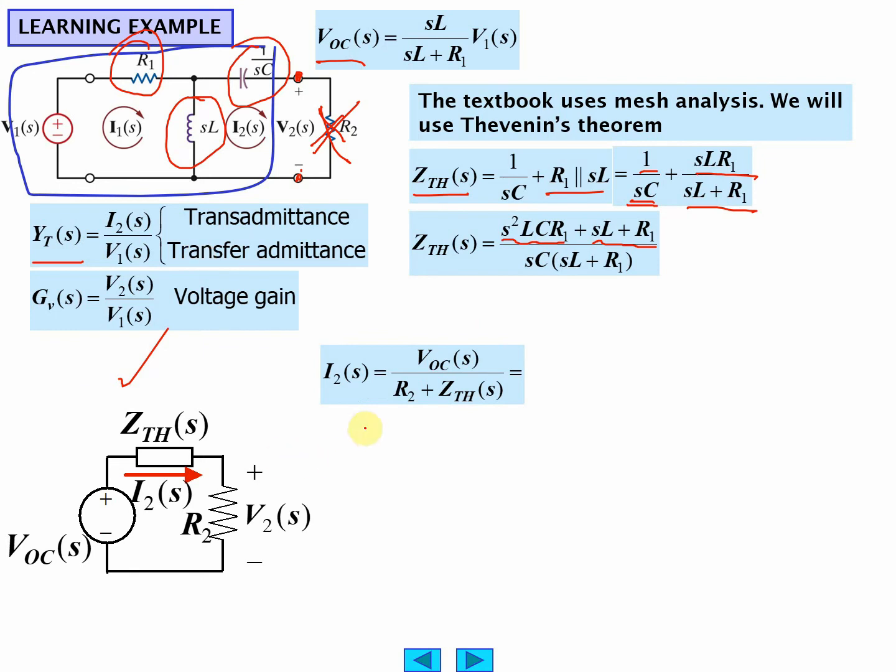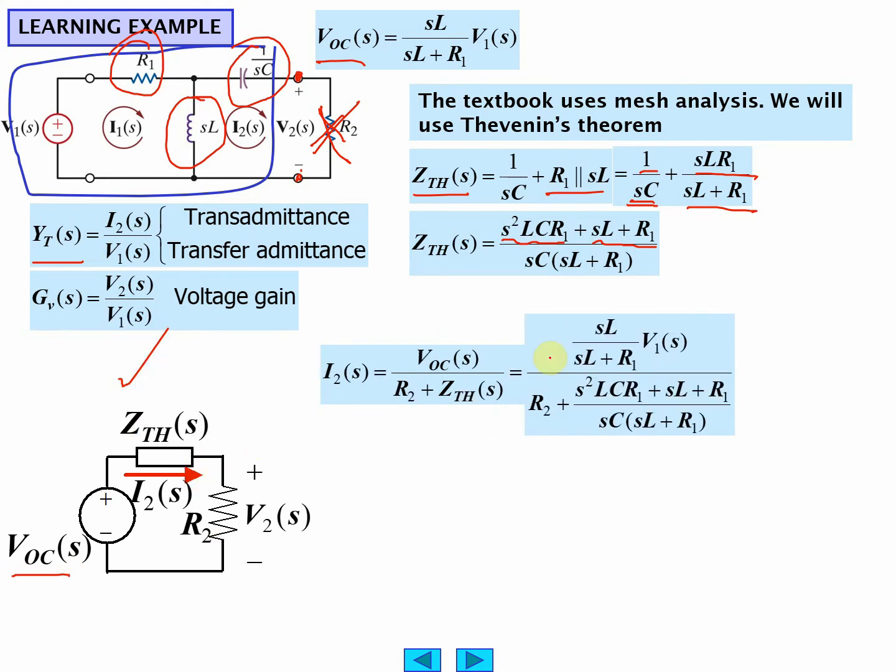And we can get I2, which is just going to be VOC divided by the sum of the impedances. Now, a big complicated equation, like so. Okay, and we multiply the top and bottom by SC, the quantity SL plus R1.